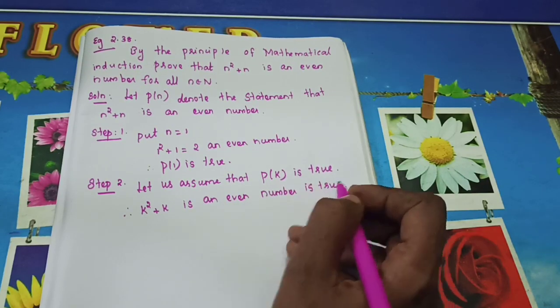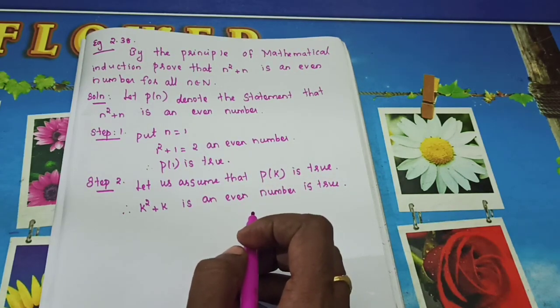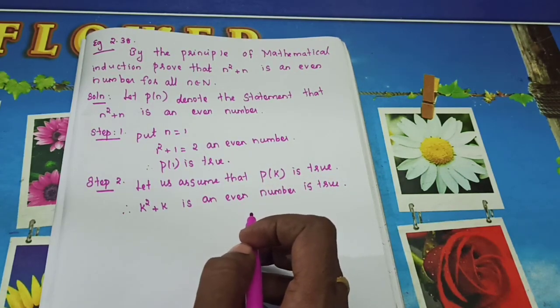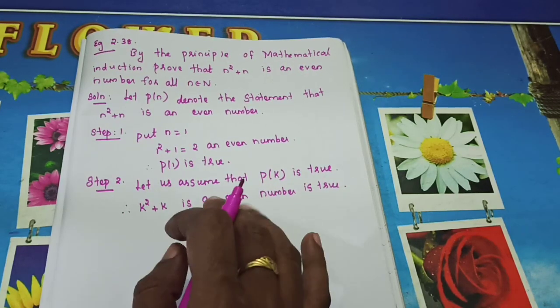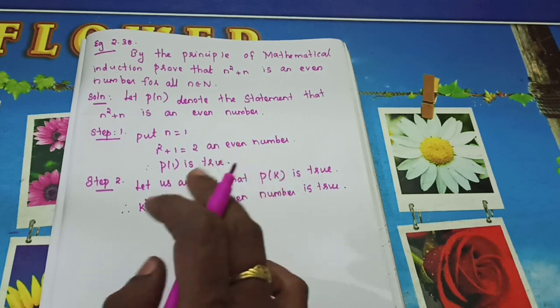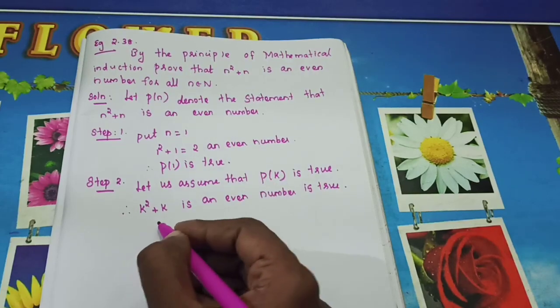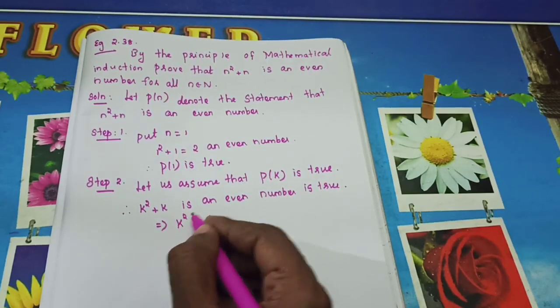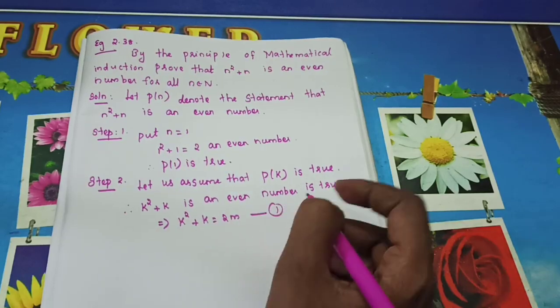In the last problem I said this, is it right? Here it's divisible by 7 means 7 into m. So even number means it is in the form of 2 into something, so 2 into m. 2 into 1 is the first even number. So 2 into 1, 2 into 2, 2 into 3, 2 into 4. Whatever is the multiple of 2, it will be an even number. So we take k square plus k is equal to 2 into something. We will assume this is equation number 1.